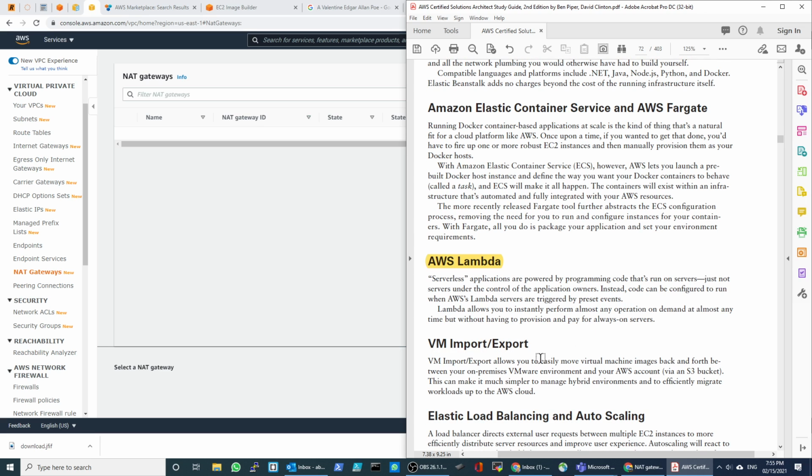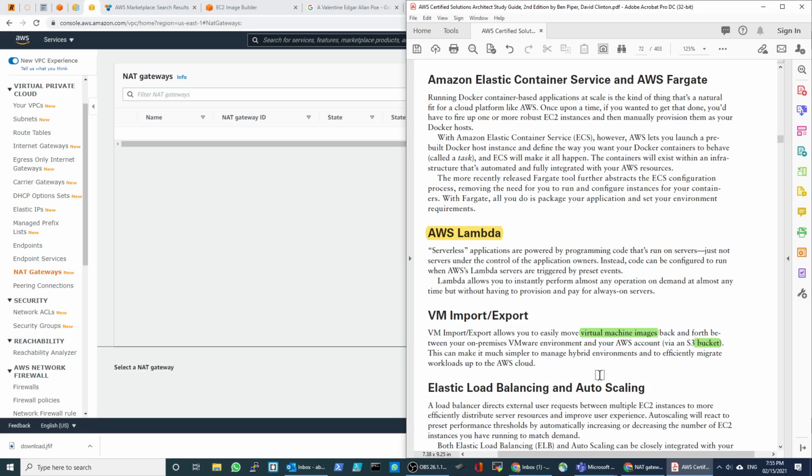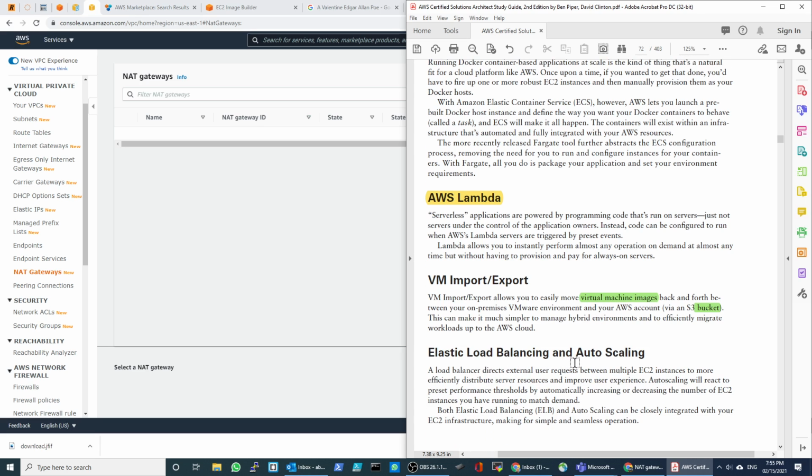VM import export. VM import export allows you to easily move virtual machine images back and forth between your on-premise VMware environment and your AWS account. Okay, and we'll use an S3 bucket for that. Elastic load balancing and auto scaling, we'll talk about it next time.